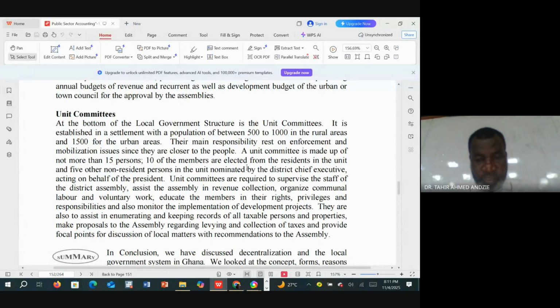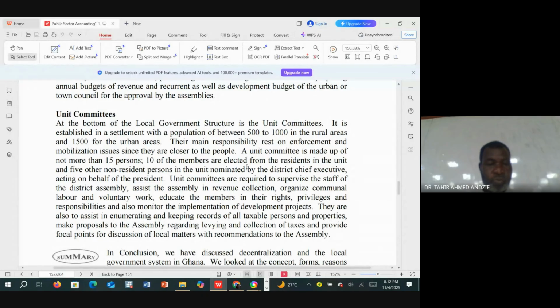And the unit committees are required to supervise the staff of the district assemblies, assist the assembly in revenue collection, organize communal labor and voluntary work, educate the members in their rights, privileges, and responsibilities, and also monitor the implementation of development projects.